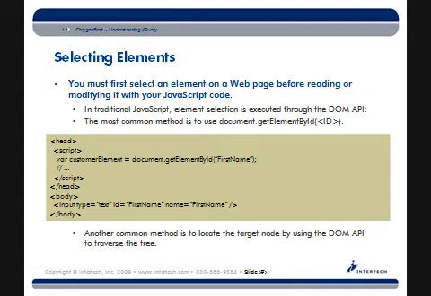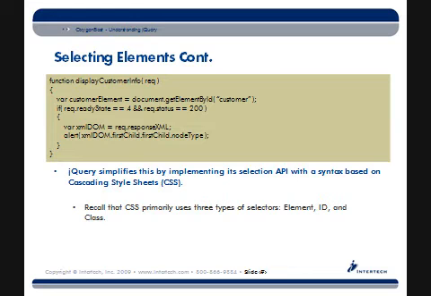Another common method is to locate a target node, once I have one, and traverse the DOM tree. So here's an example of that, and ignore most of this code except for where I'm pointing right now. This is really the end result of a callback function from an Ajax request.